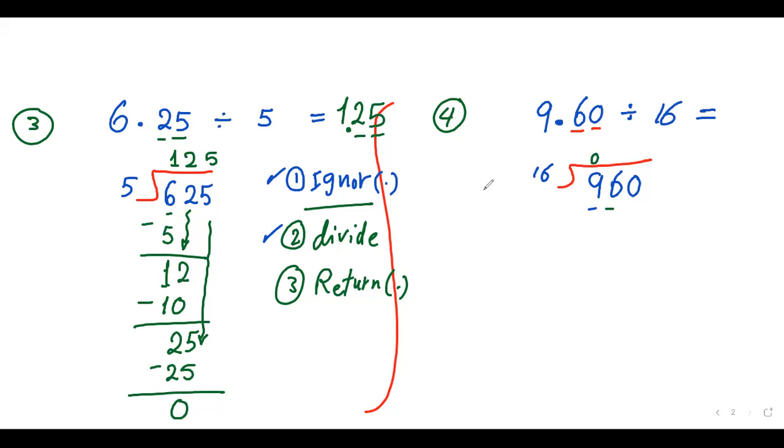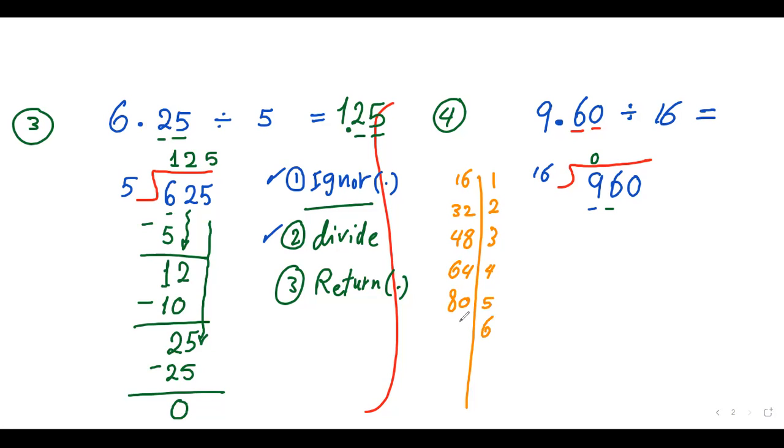I know the answer. It's 6. Let us check. 1 multiplied by 16 equals 16. 2 multiplied by 16 is 32. 3 multiplied by 16 is 48. 4 multiplied by 16, 48 plus 16 is 64. 5 multiplied by 16 equals 80.